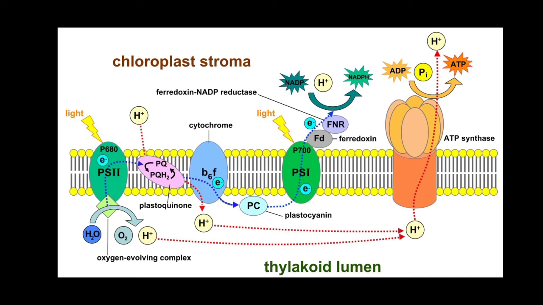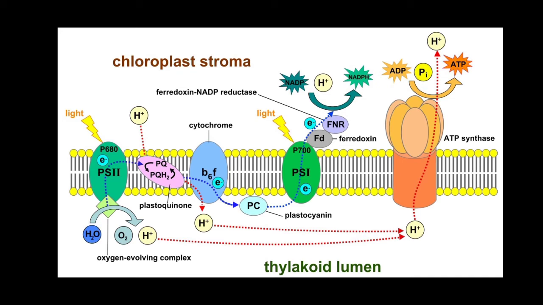At the same time, the electron is transferred to the adjacent electron acceptor, which is cytochrome B6F. This molecule is called cytochrome B6F, and it is the next electron acceptor.